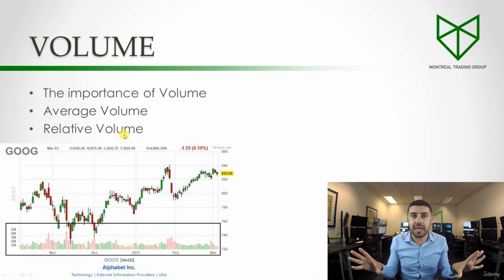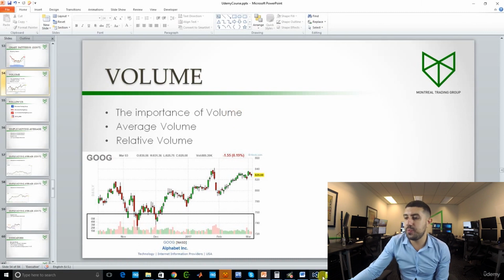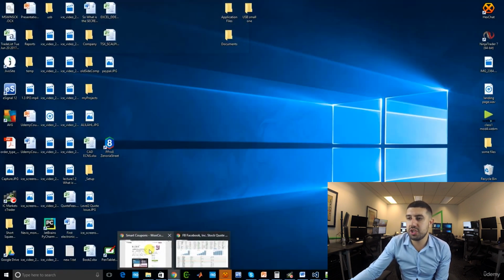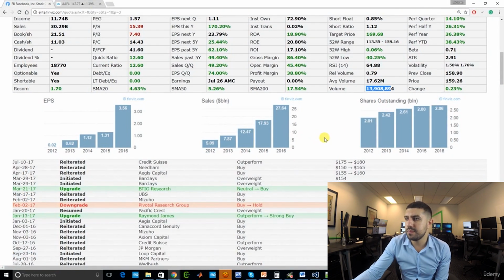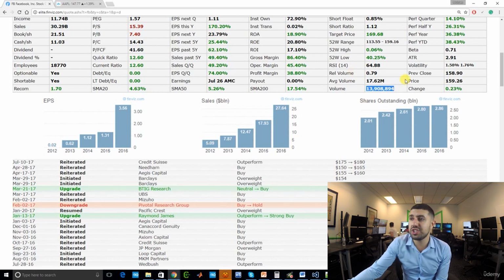Because that's the only metric that matters: did I trade a lot compared to what I usually trade? If Facebook usually trades about 17 million shares, but today it did 13 million shares, did it trade a lot? Not too much. It didn't trade a lot relative to how much it usually trades.